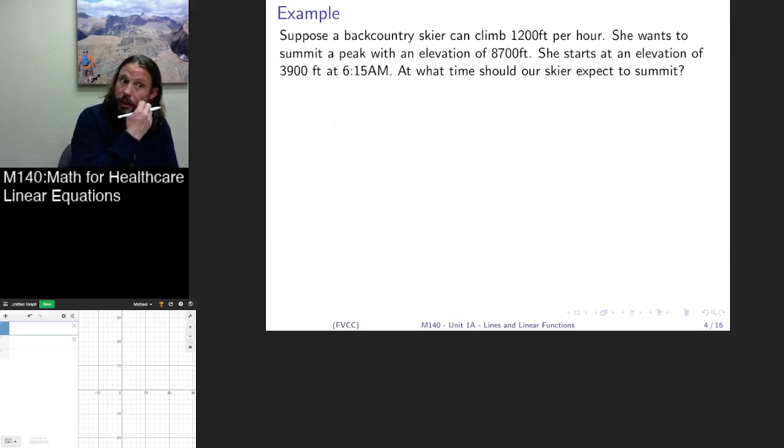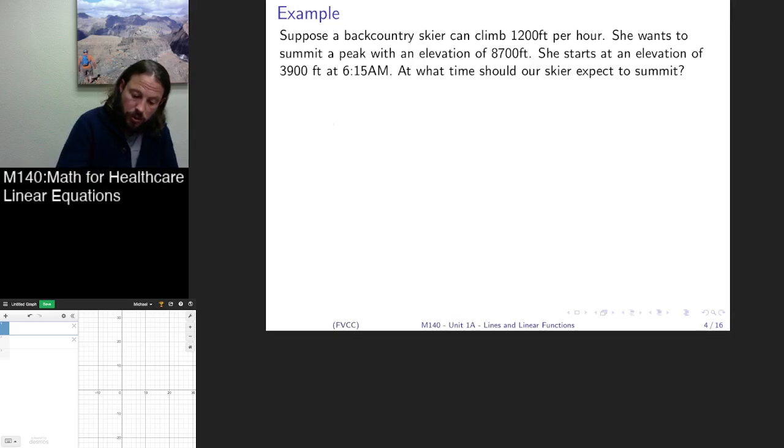Okay, so here, let's not worry about equations for now. Let's just try and think about the problem. How many feet does the skier need to climb?